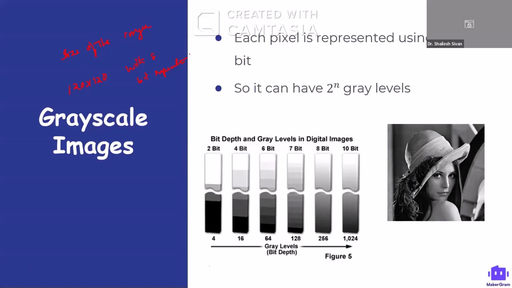Again, 2 raised to 8 into. What is the need of 2 raised to 8? So if you have a 120 into 120 image, total number of pixels?